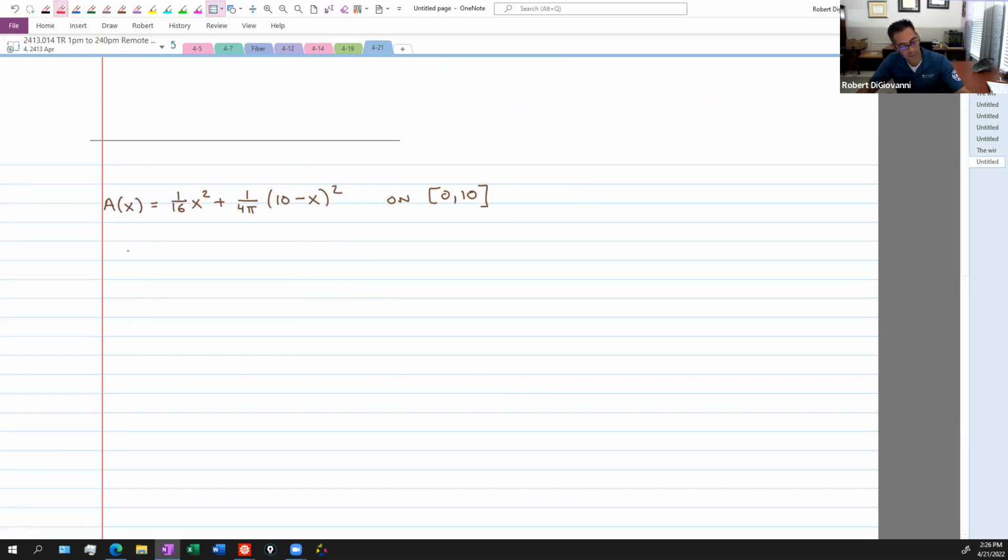Derivative time. The derivative of this is 1/8 x. That's just power rule there. Here, I'm going to have 1 over 4 pi as a constant. It'll come for the ride. The 2 comes out, and that creates a 1 over 2 pi because the 2 and 4 reduce out. 10 minus x to the first power, and then times the derivative of what's inside, which is -1.